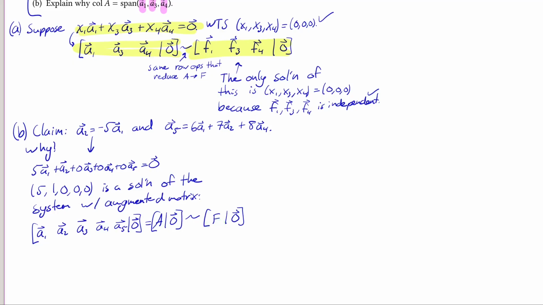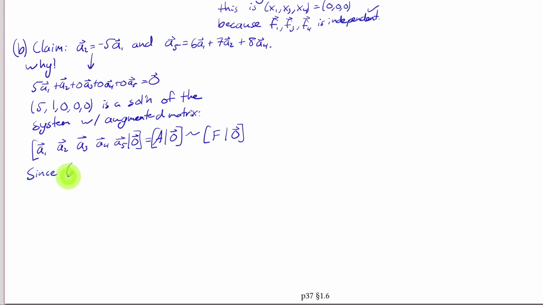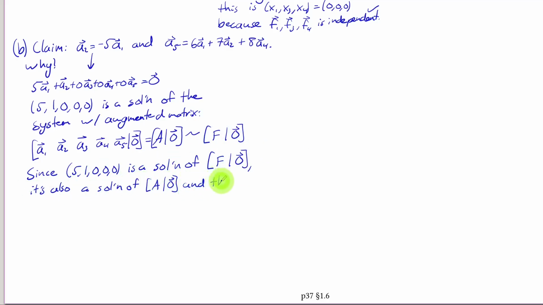So since 5, 1, 0, 0, 0 is a solution of this system, we can say it's also a solution of this system. So we're kind of doing the logic backwards, but I think it works fine. So here it is with the logic written out in maybe a slightly more formal way.